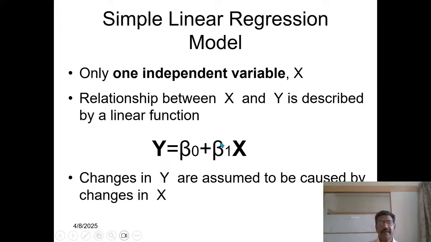Here these notations are used, beta 0 and beta 1. X is the independent variable, y is the dependent variable. We will see what beta 0 and beta 1 are. Changes in y are assumed to be caused by changes in x. If x is changed, trunk diameter is changed, then tree height will change, based on these two parameters, beta 0 and beta 1.